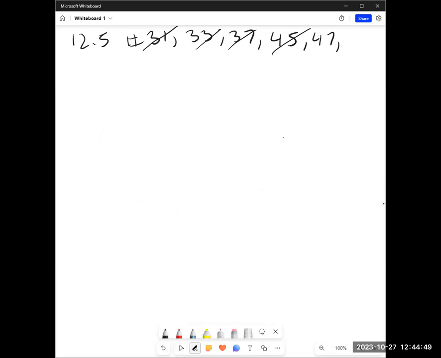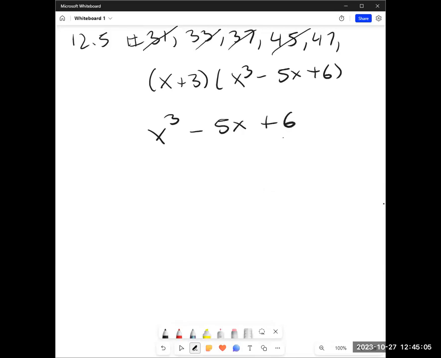So the problem starts off with x plus 3 and has x cubed minus 5x plus 6. I'm going to write the one with more terms on the top and the one with less terms on the bottom.